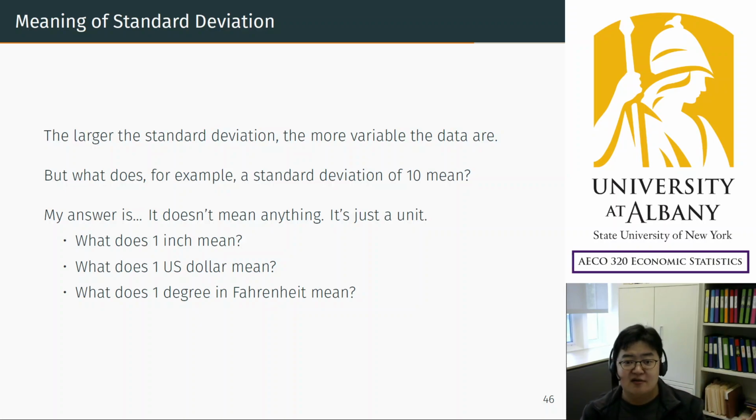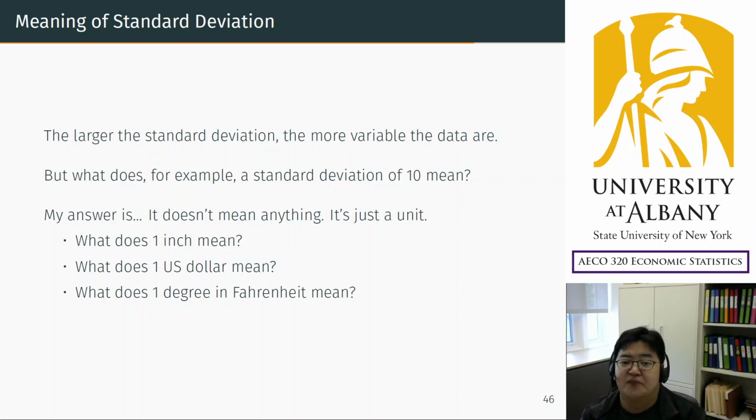In practice, when I say 1 inch, 2 inches, $1, $2, even if I don't know how they were defined at the beginning, it does not matter. In our applications, it is just a unit. It just provides a unit without specific meaning. If you get used to it, it's just a means of comparison.